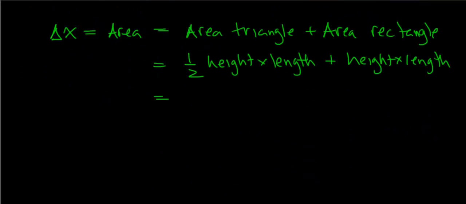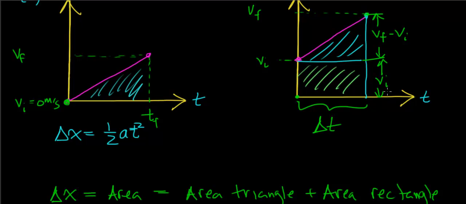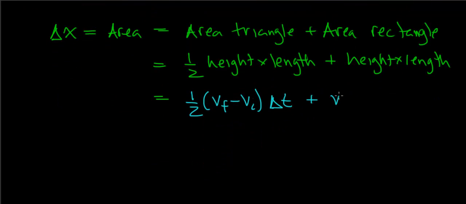So we can go back down to our equation, and now we can write this as 1/2 the height of the triangle, which is v final minus v initial, and the length in this case is going to be delta t, plus the height of the rectangle, which in this case we said was just the initial velocity, and the length is going to be the change in time. And so now we can write this as v initial times delta t.